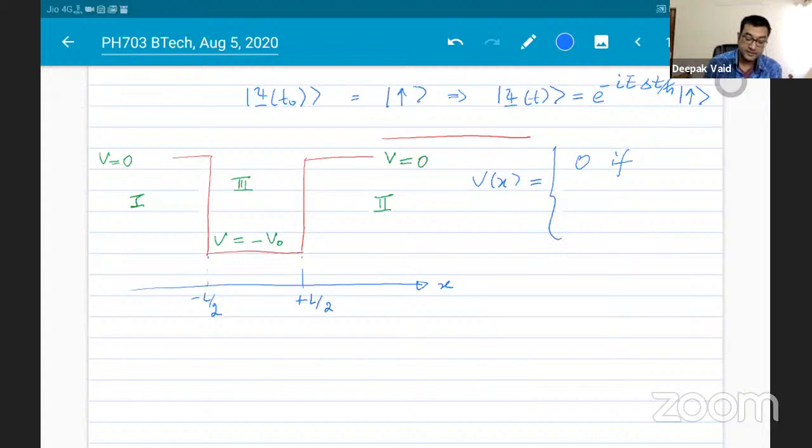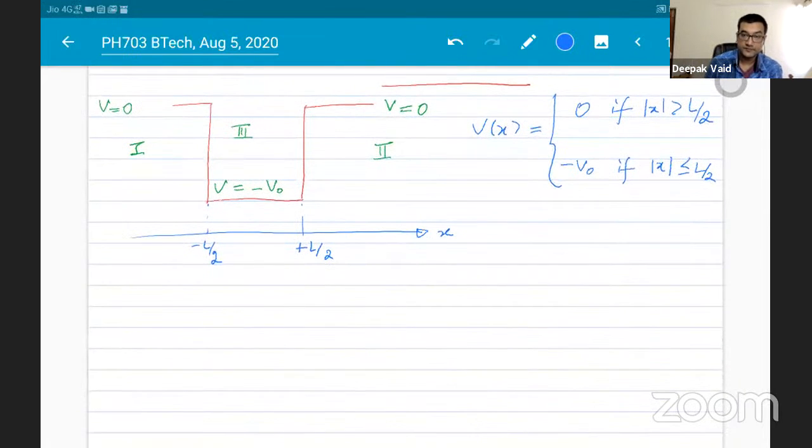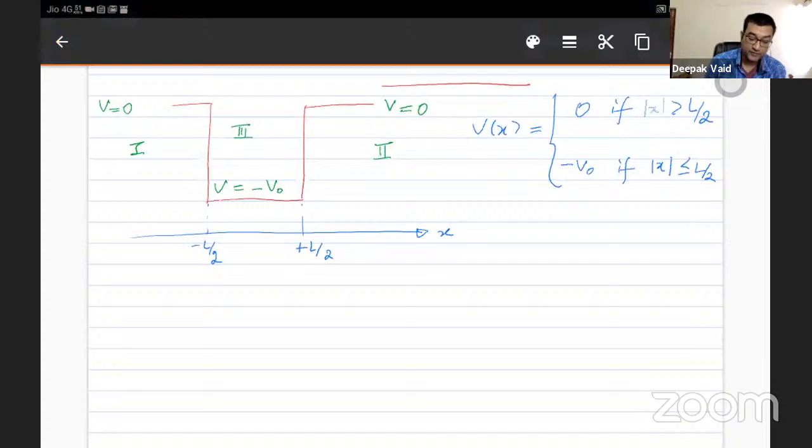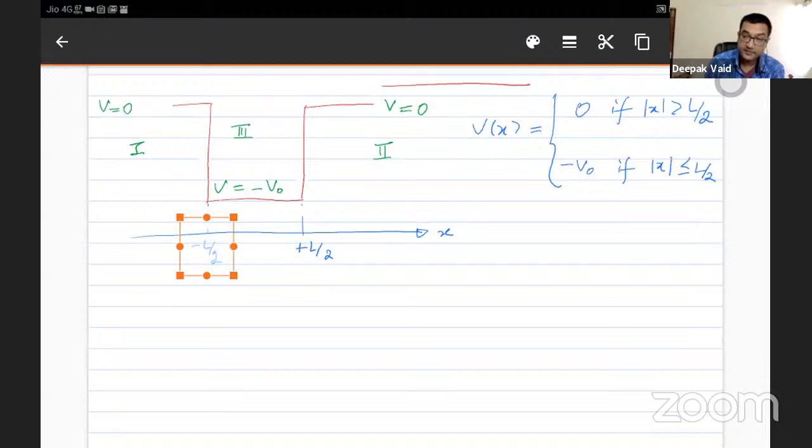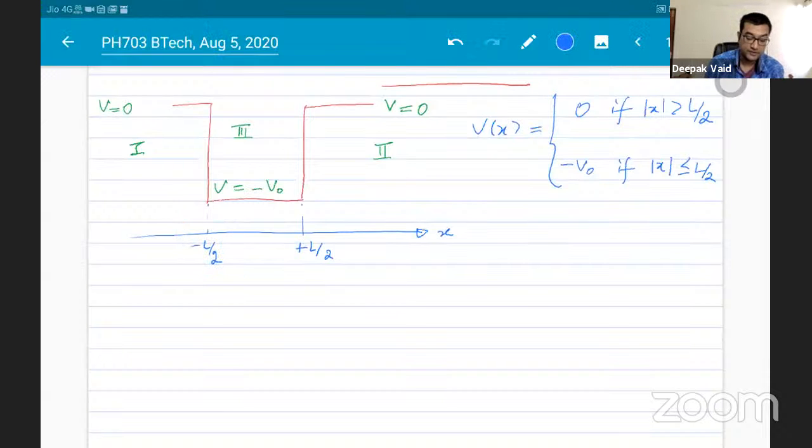So the potential energy is 0 if the absolute value of x is greater than L by 2, and it's equal to minus V0 if the absolute value of x is less than or equal to L by 2. This is the potential energy function. Absolute value of x greater than L by 2 means that x is greater than L by 2 or x is less than minus L by 2. So this is regions 1 and 2, and this is region 3.